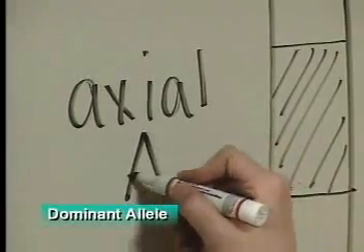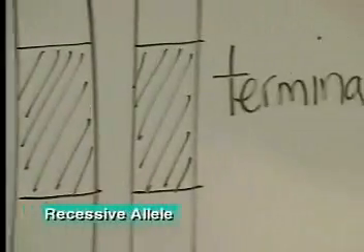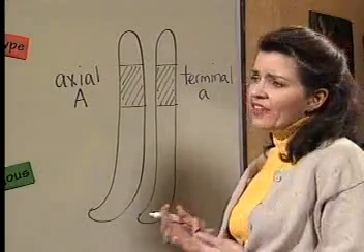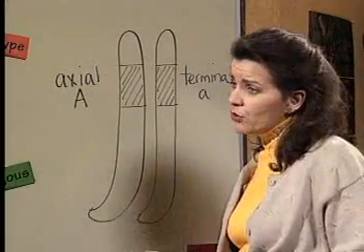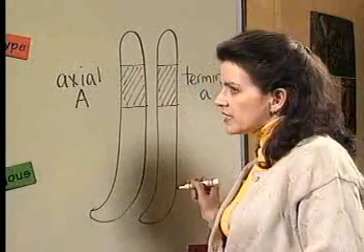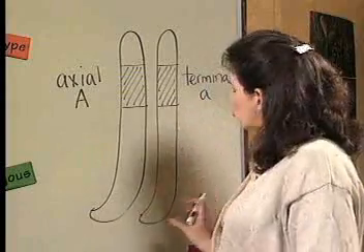Mendel found that the axial allele is dominant, so we give that a capital letter A. And the terminal position allele is recessive, so we write small a. Now there would be other pairs of alleles on other homologous chromosomes, maybe for flower color or stem length. In each individual of a species, the genes are ordered, strung out along a chromosome, and on homologous chromosomes, that order is the same.